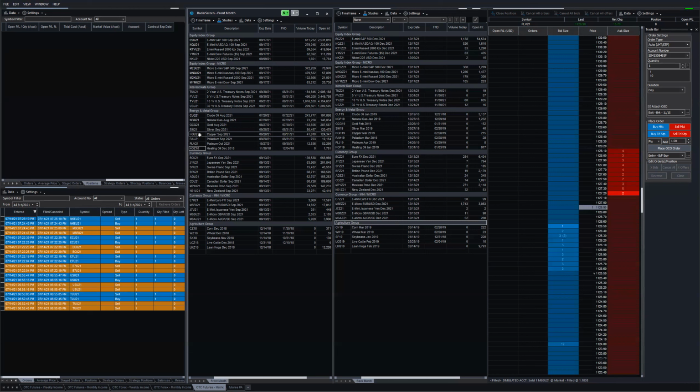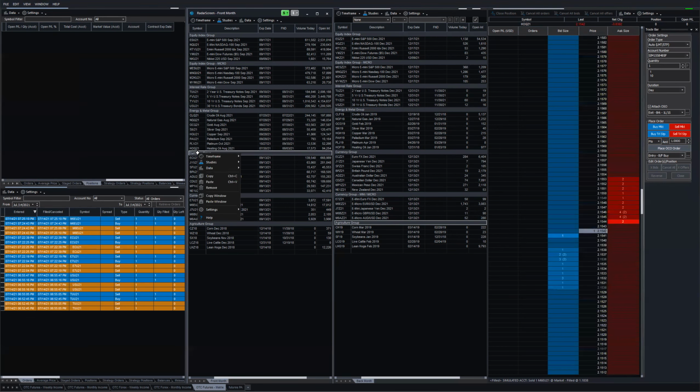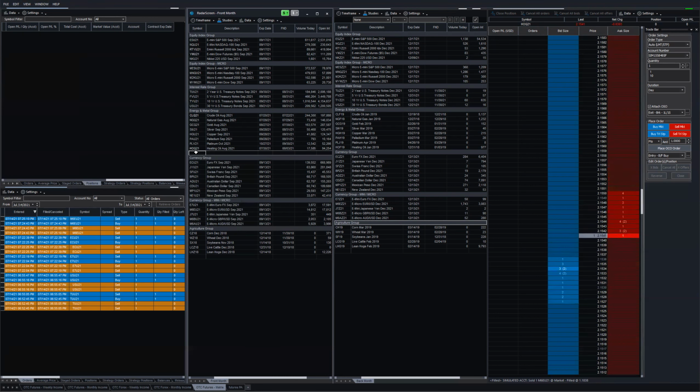Heating oil HOQ21. And I want to add one more product here. That is the New York Harbor blend stock gasoline.